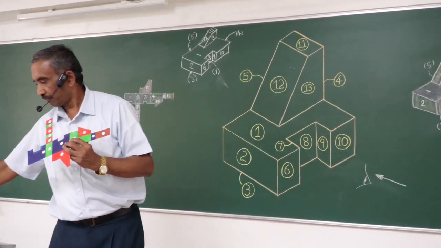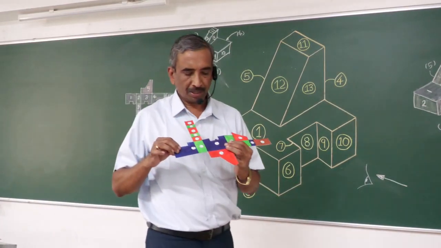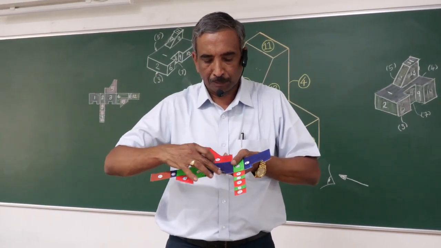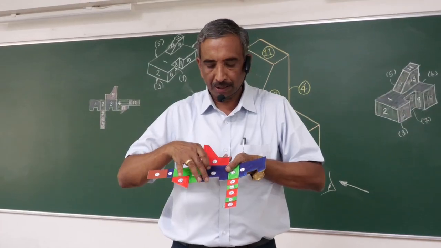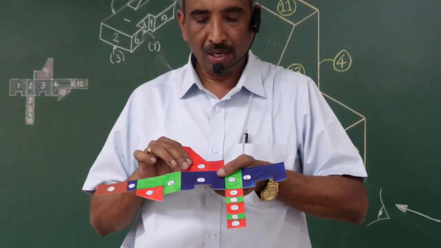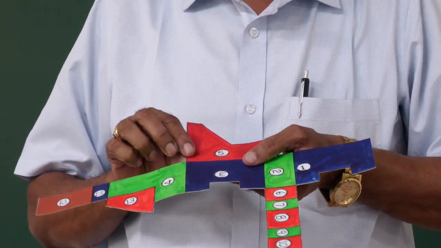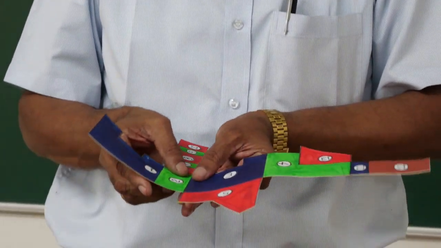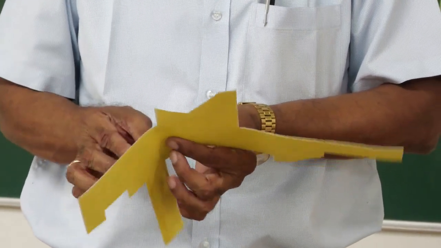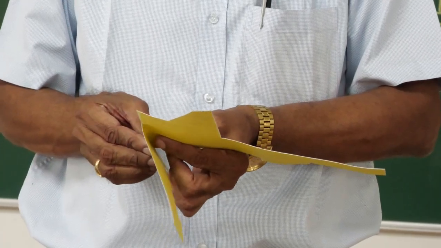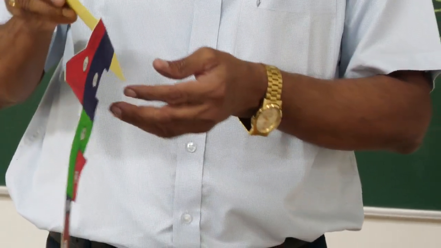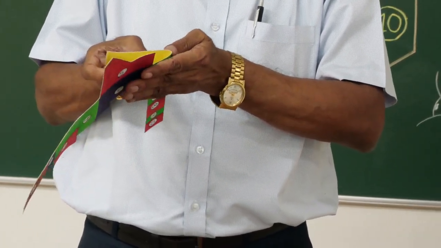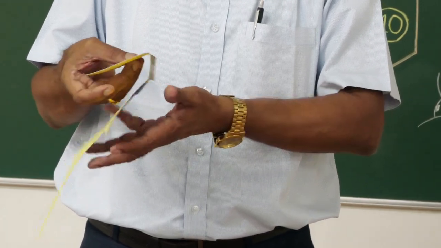Let me explain. Face 3 corresponds to the bottom face. Now, if I fold it, you will get the model. How to make this model will be explained by Mr. Naveen Ganesh.